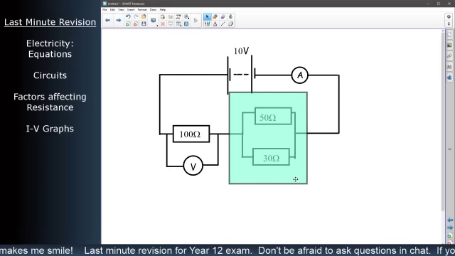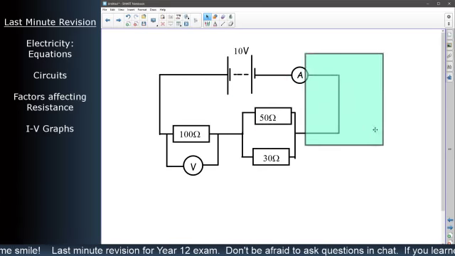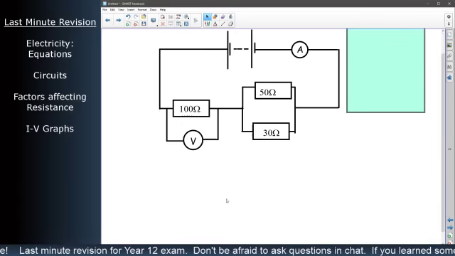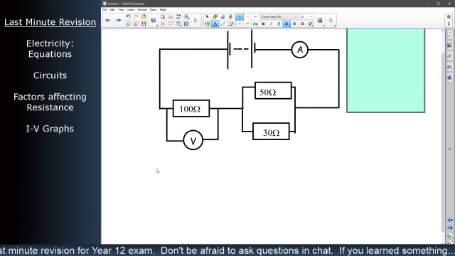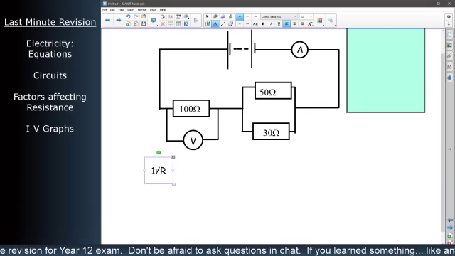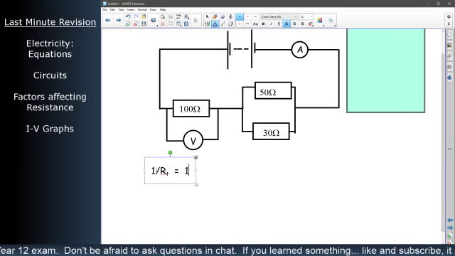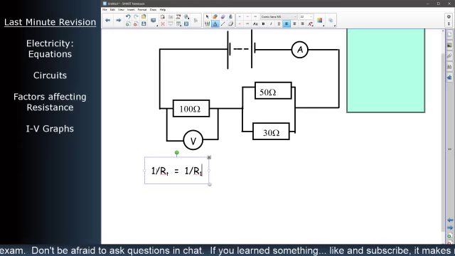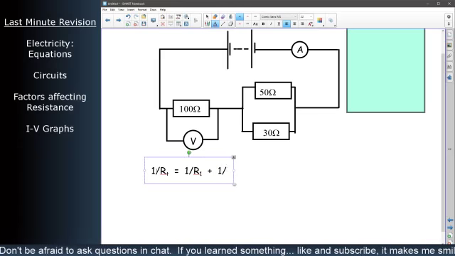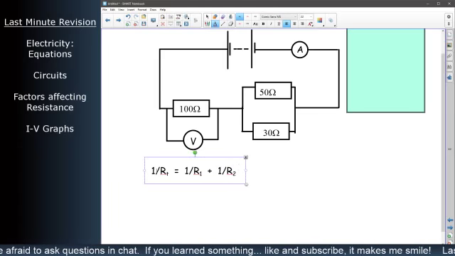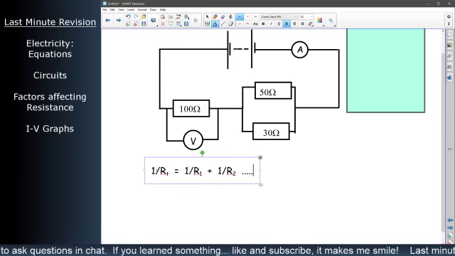What resistor would replace this 50 and 30? We can use the parallel resistance rule, which says that 1 divided by the total resistance is equal to 1 over R1 plus 1 over R2, and so on for every resistor we need.